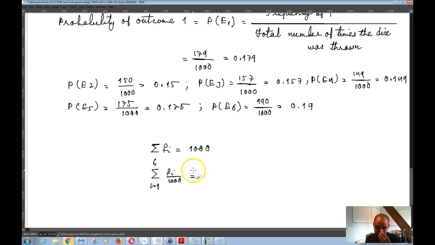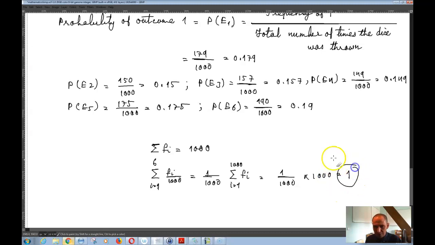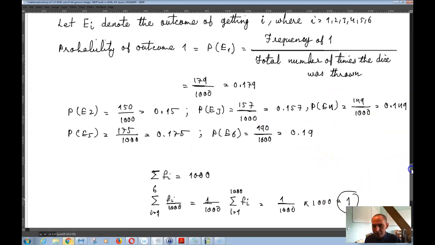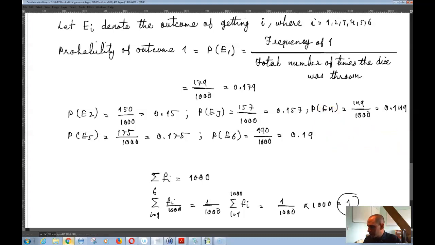That gives me 1 over 1,000 times sigma f of I. But I know that sigma f of I is equal to 1,000, so that's 1,000th times 1,000, which is equal to 1. That means that if you add the probabilities of all of the different outcomes of the experiment together, you would get a 1.